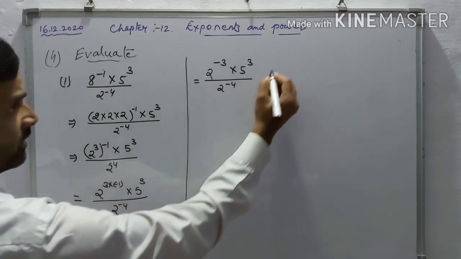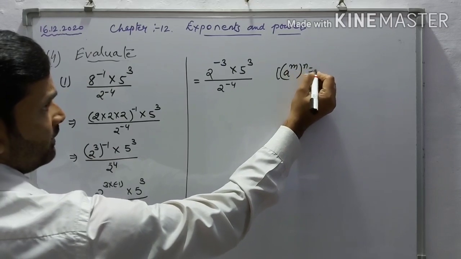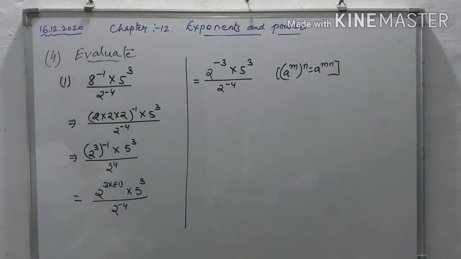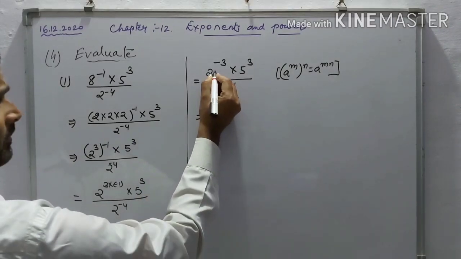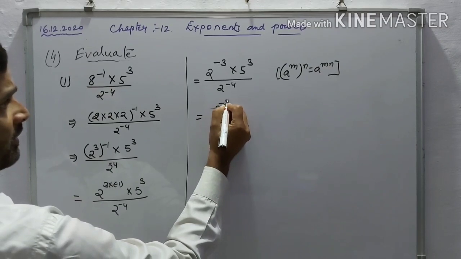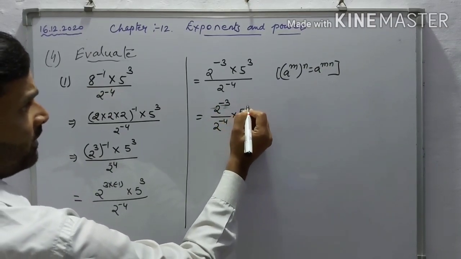Here we use the formula (a to the power m) whole power n is equal to a to the power m n.